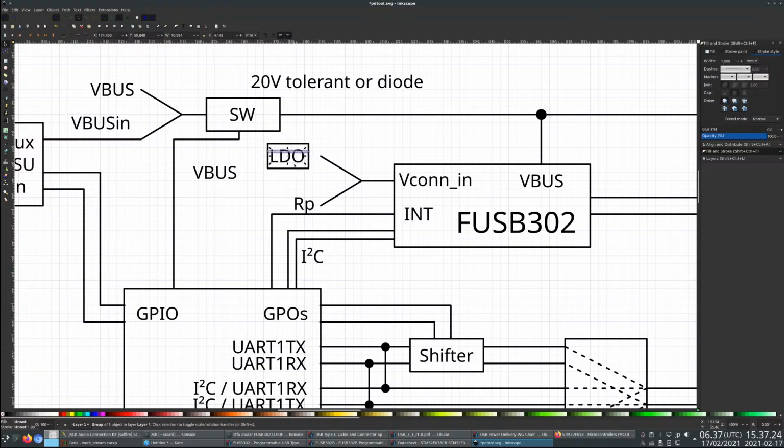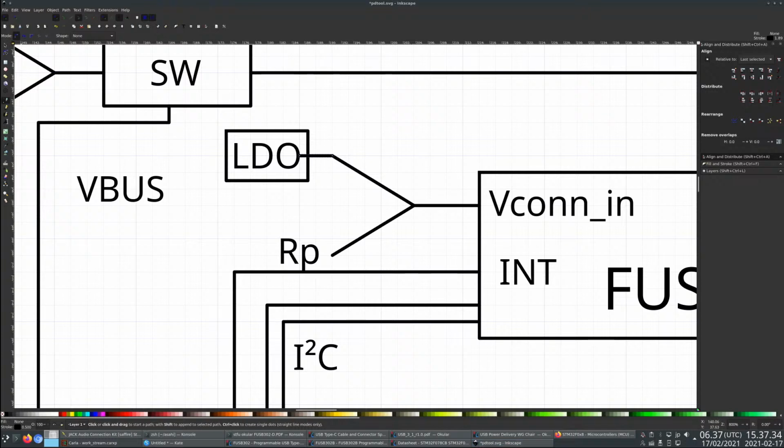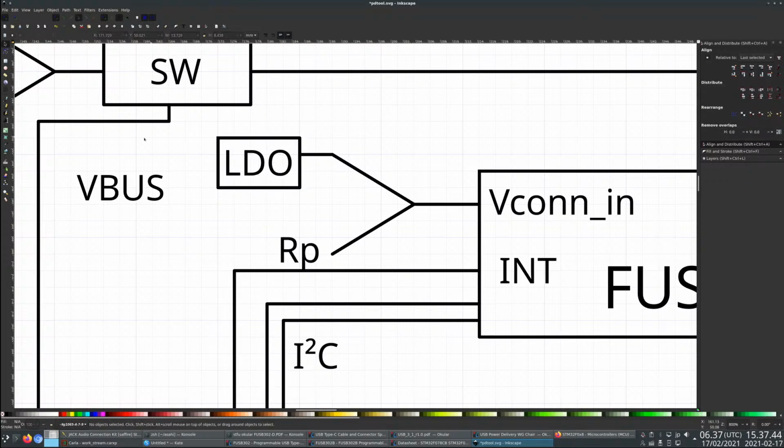We'll just go center like that. I'm running into grid issues here. Whatever, close enough.